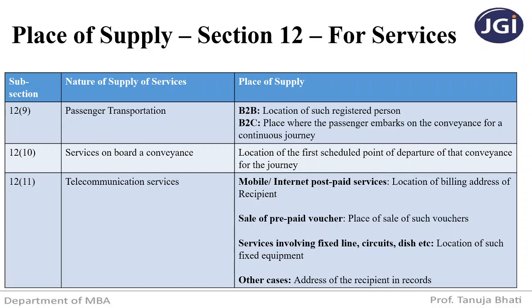Now B2C, if the service is given, the place where the passenger embarks on the conveyance for a continuous journey. So the place where the passenger is starting on the conveyance for the continuous journey, where he is beginning for the transportation, that is going to be the place of supply.